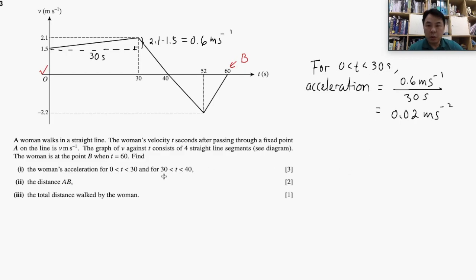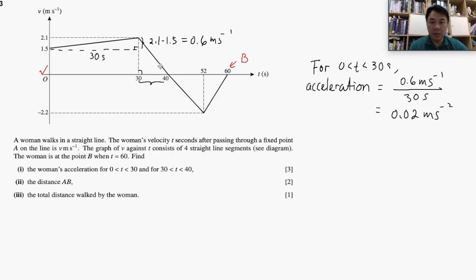That will be the acceleration of the woman for this time frame. Next, we also need to work out the acceleration between 30 to 40 seconds, which is this section here. For this section, it's quite easy because it's already a right-angled triangle. So we are on the right track this time.